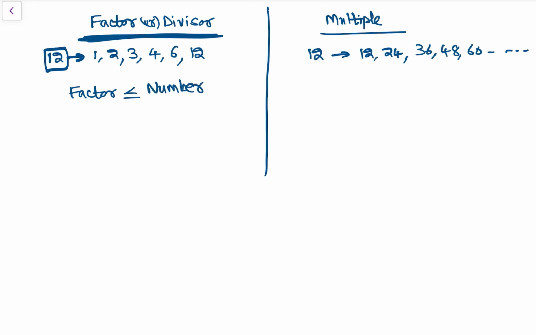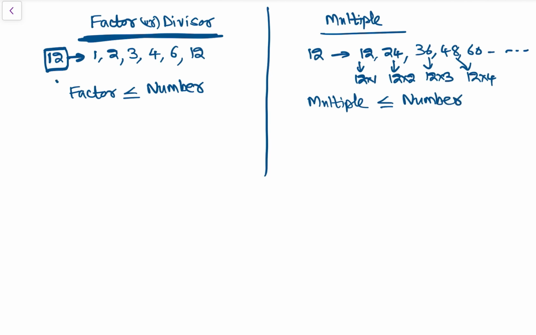ठीक है, so multiple is number का multiple. This is what? 12 into 1. This is 12 into 2. This is 12 into 3. This is 12 into 4. Multiples of 1, 2, 3 and so on of the number.